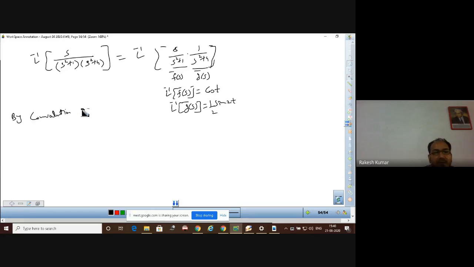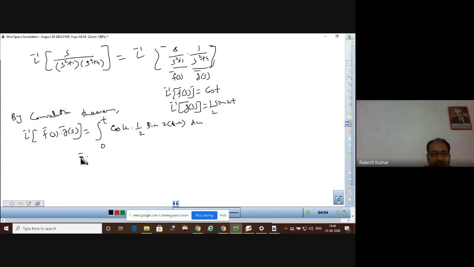This theorem is very important for finding out the inverse Laplace transformation. The Laplace inverse of f bar s into g bar s should be the integral from 0 to t of f of u, g of t minus u. f of u means cos of u, into 1 over 2 sine 2 into (t minus u).